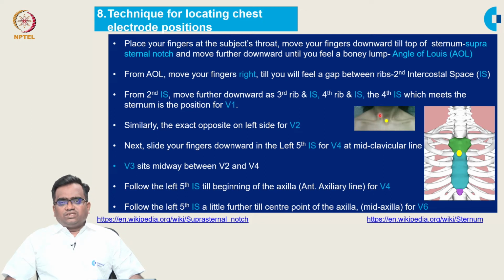Now we are going to see how to place the chest electrodes exactly in a correct manner. For that there is a technique to identify the various positions. First, the healthcare provider must place a finger over the patient's tracheal rings.